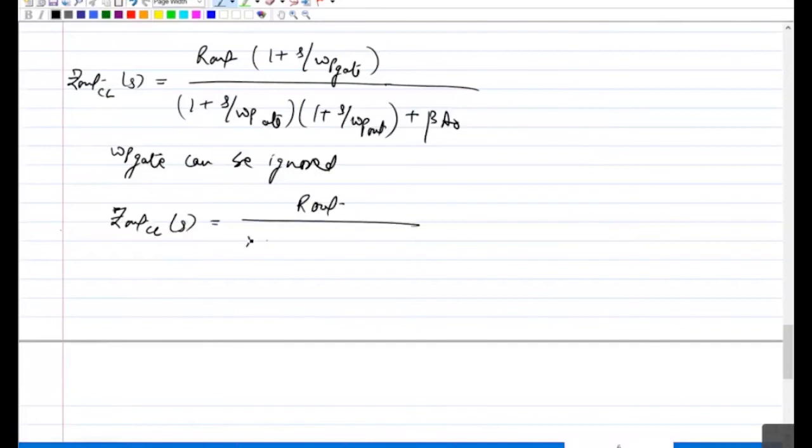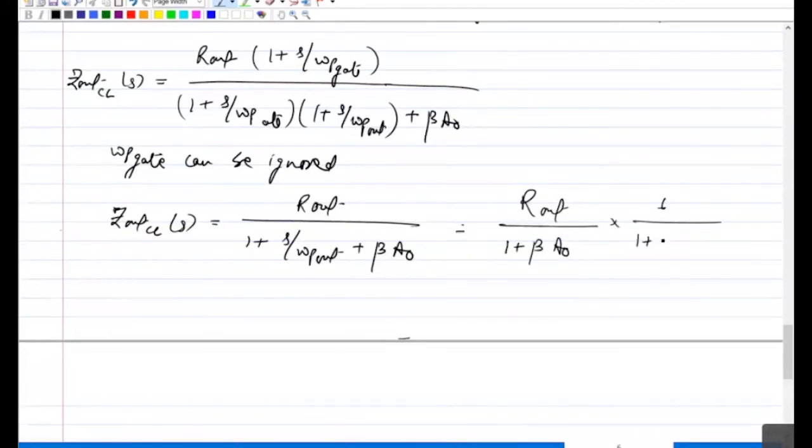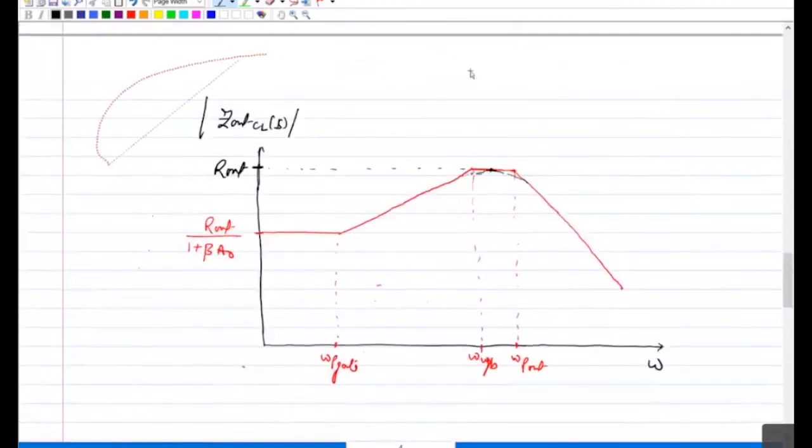R out over 1 plus S over omega, and then again you have... so let me copy this so that we can plot on the same graph.